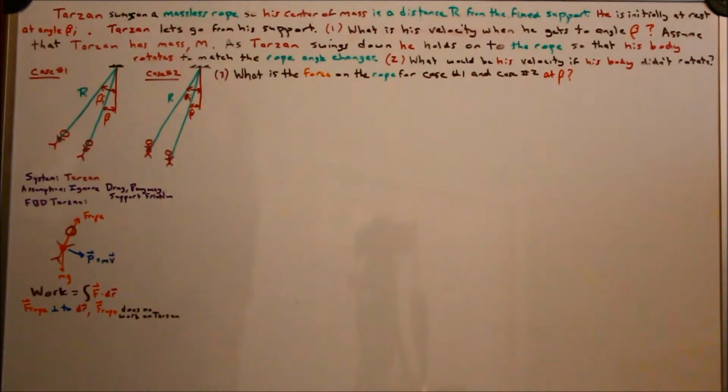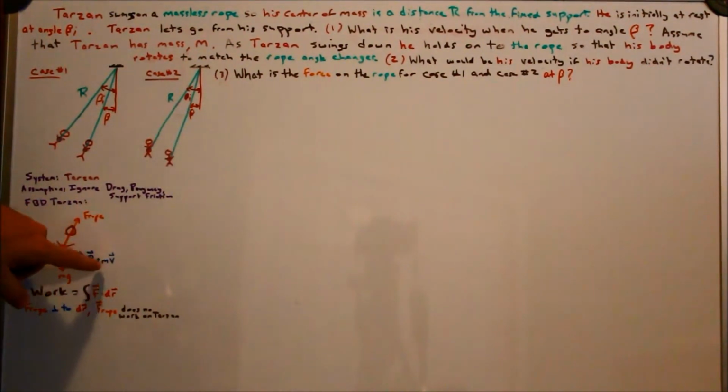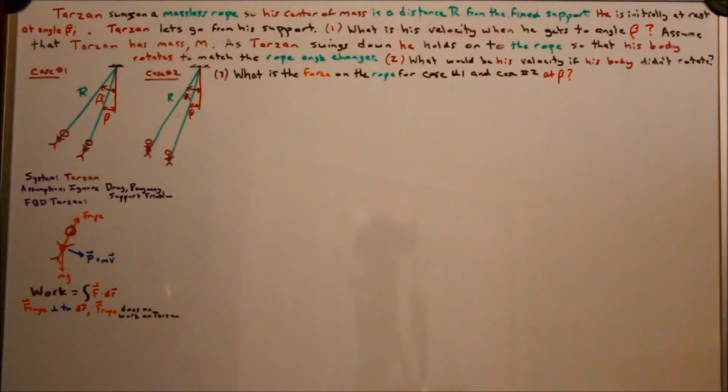Then thinking about what Tarzan is doing at any point, his center of mass has some velocity, perpendicular to the rope. This is not a force but momentum, which is his mass times v.